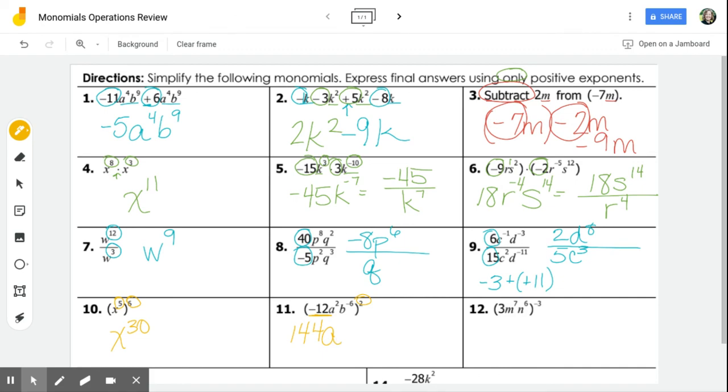A to the 2 times 2 is 4. B to the negative 6 times 2. Negative 6 times 2 is negative 12. So we have to rewrite this and put that in the denominator. So 144, a to the 4th. Then we put the negative in the denominator and make it positive.